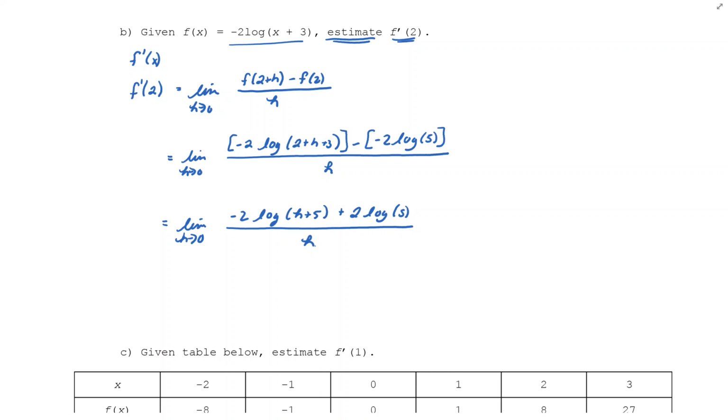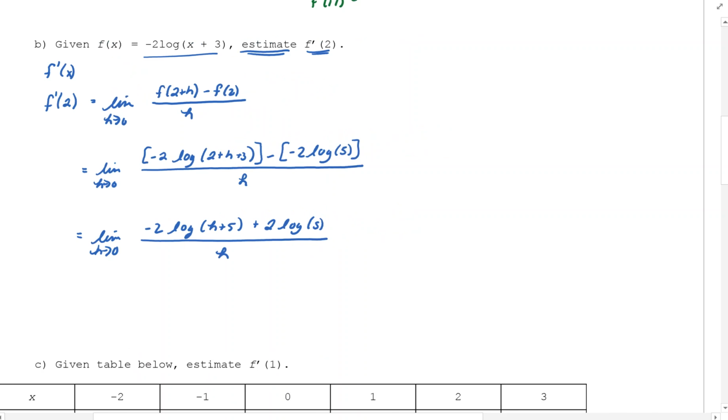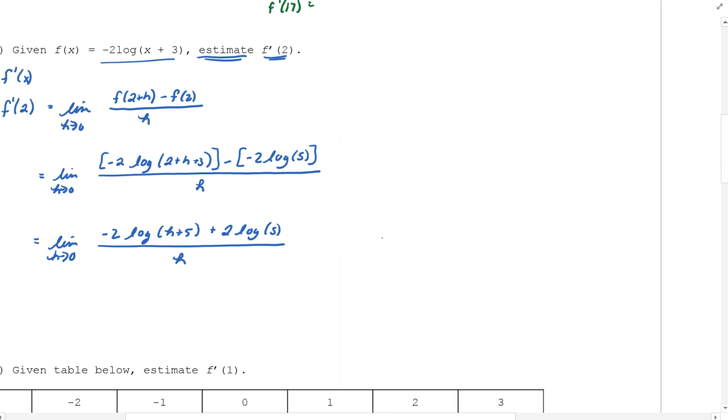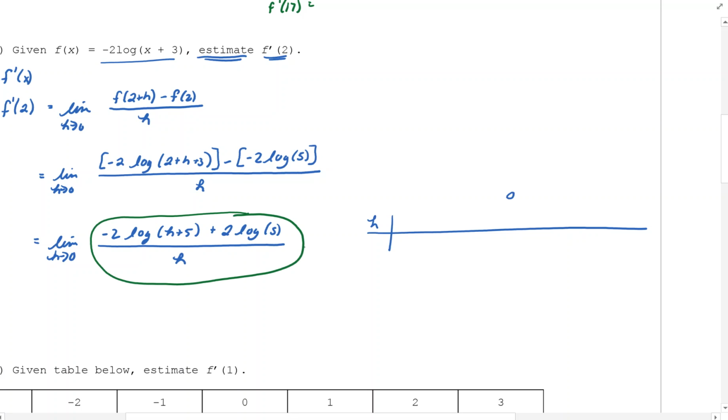So instead of that, I'm going to go to my table of values. It's h that's going to 0. My y1, what I'm plugging into my calculator, is right here.